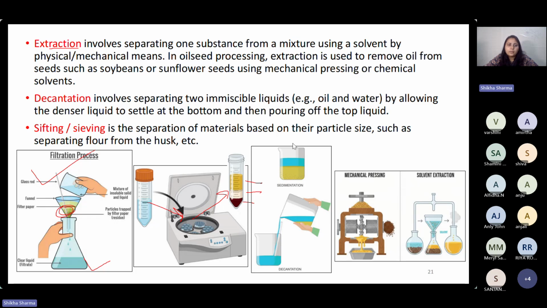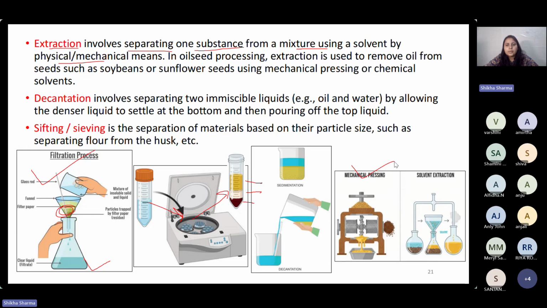Then the extraction process is there. In extraction, there is a separation of one substance from a mixture using a solvent, by either physical means or mechanical means, like the mechanical press we use.